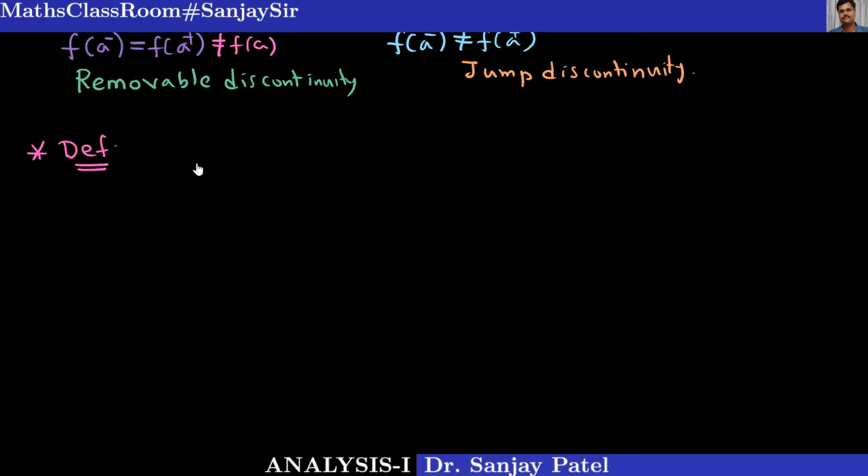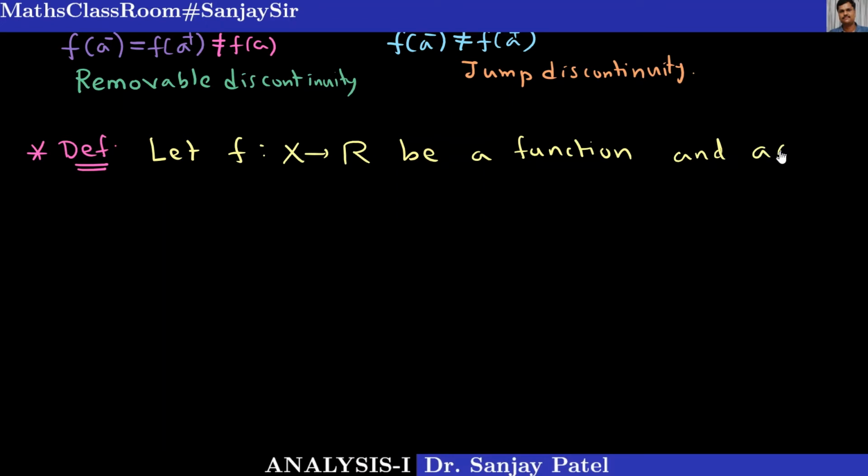Definition of different types of discontinuity. Let f be a function from X to R and a belongs to X. This is given.